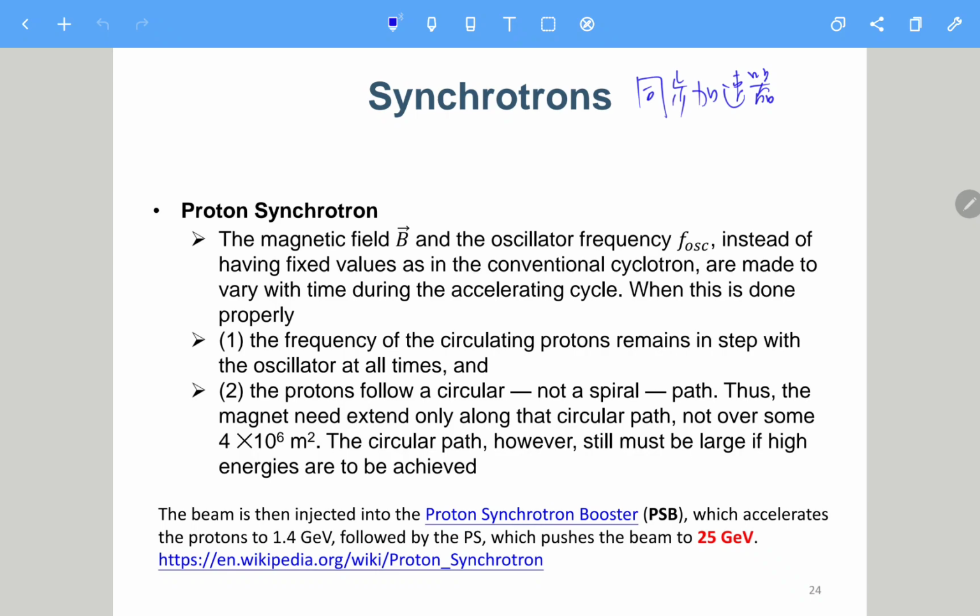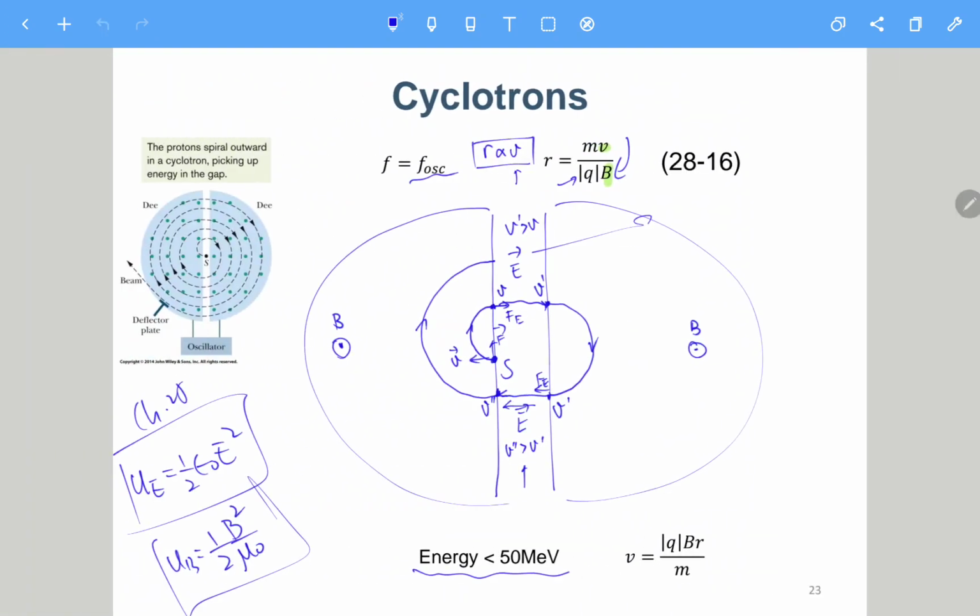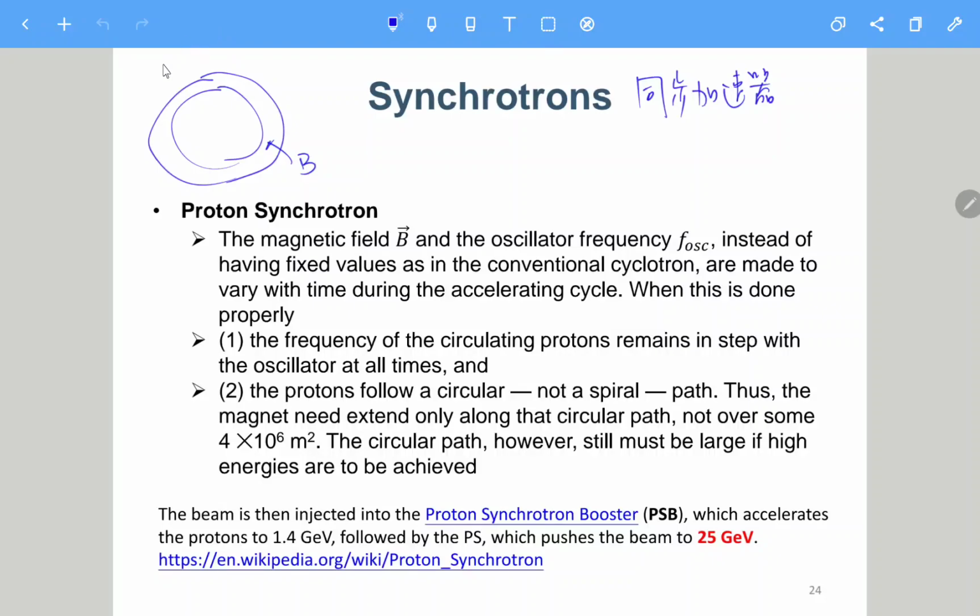But actually, the synchrotron is somehow like a ring. So we only need to generate the B field inside the ring rather than the whole circle. Of course, the cyclotron is a circle with a gap, actually two semicircles, so we need to generate the B field over the whole circle. But for the synchrotron, we only need to generate the B field inside the ring.